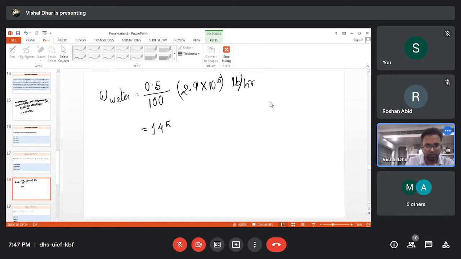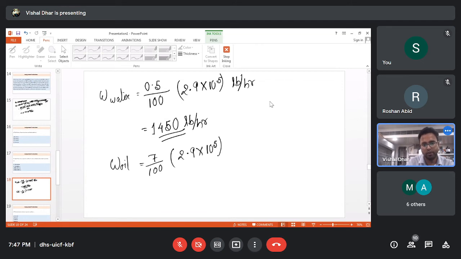So the answer for this is 1450 lb per hour, and the flow rate for the oil is found the same way. It is given as 7%, so it will be 7 by 100 into the flow rate of the fluid stream, 2.9 × 10^5 lb per hour.